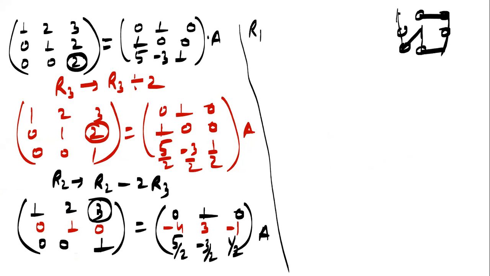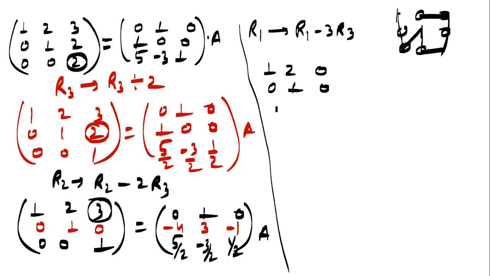R1 arrow, if I multiply R3 by 3 and subtract, R1 arrow R1 minus 3 R3. Change in R1. It will become 1. R1 minus 3 R3, it will be 2 as it is. It will become 0. No change in R2.